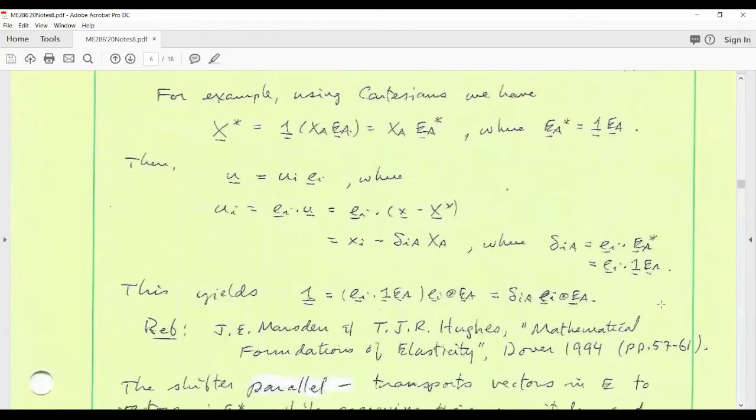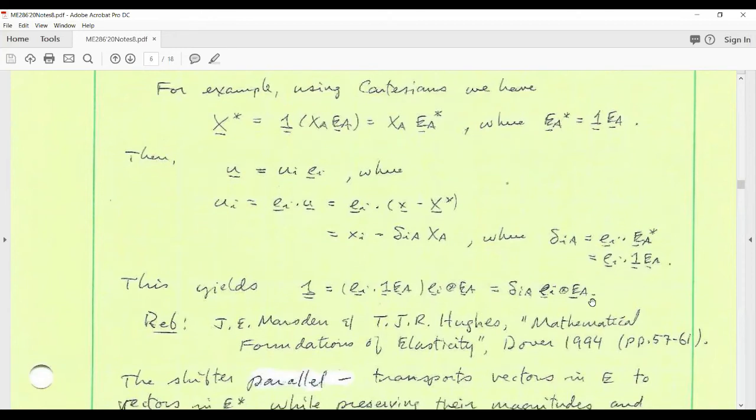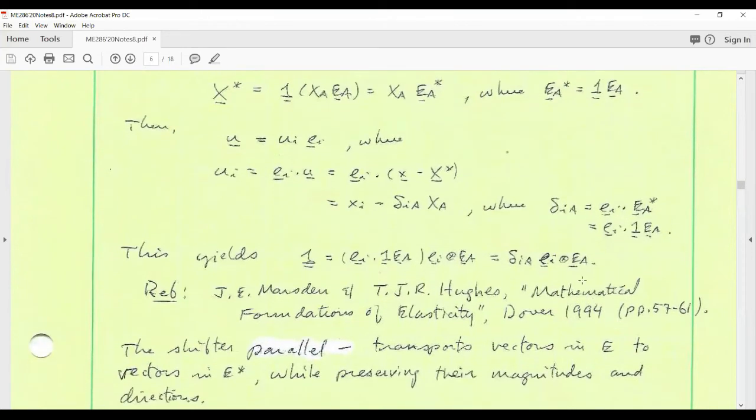This then tells us how to reconstruct the tensor 1, this shifter, because now we know its components in the mixed basis, EI, EA. This is how we would construct a tensor from its components in a mixed basis, just like the deformation gradient. So this would be our delta IA, EI, EA. Now, a word of caution here.